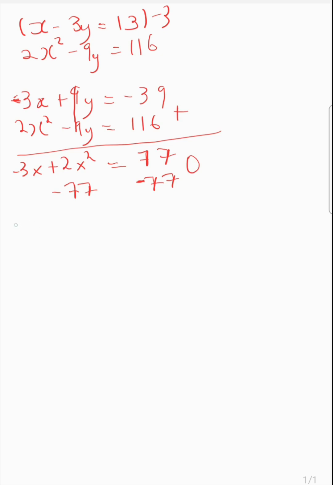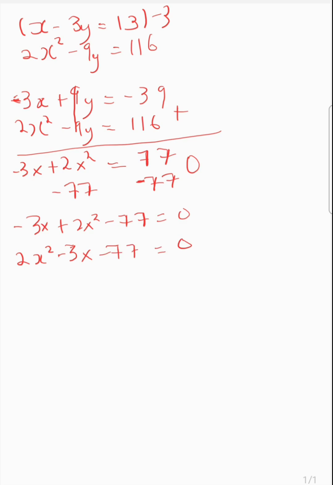This means we have minus 3x plus 2x squared minus 77 equals 0. Now let's rewrite this more clearly: 2x squared minus 3x minus 77 equals 0.